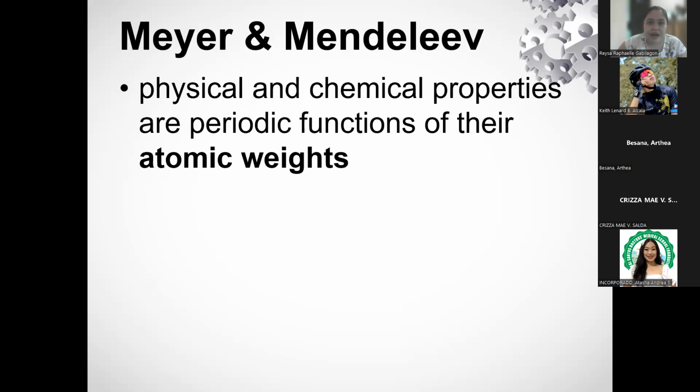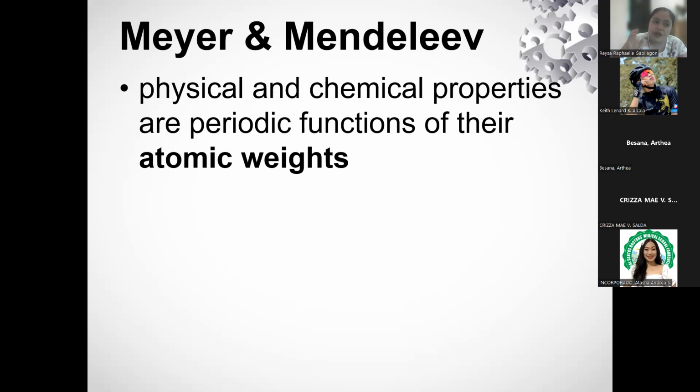Now, Mayer and Mendeleev: our periodic table nowadays was actually arranged by Dmitry Mendeleev and Julius Lothar Meyer. The groupings were according to their atomic weights. Remember atomic weights, or mass number? The number of protons plus the number of neutrons.